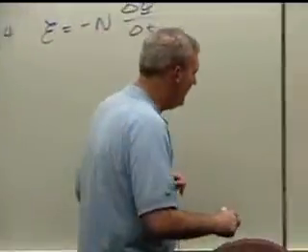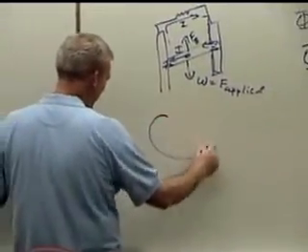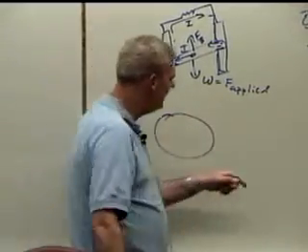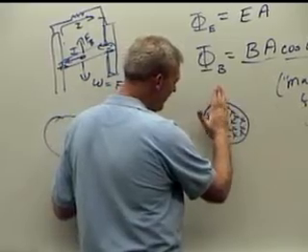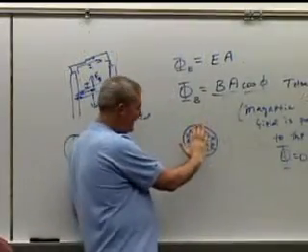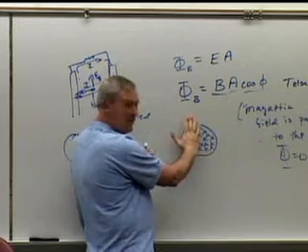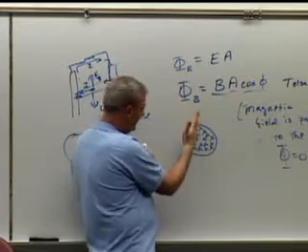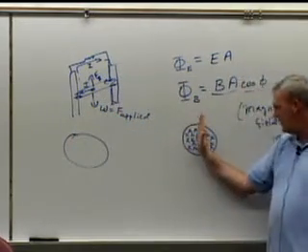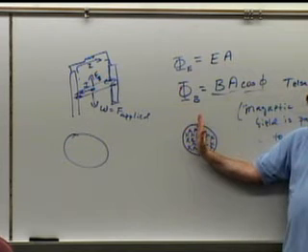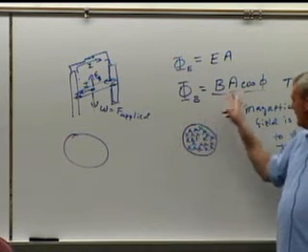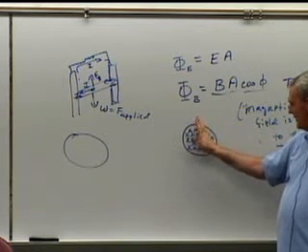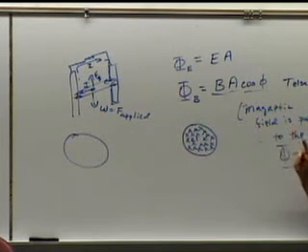In other words, let's just take this situation here. What happens with this coil if I rotate it up like this? Then the magnetic field that's going through it is changing. If I have the coil completely like this, how much magnetic field is going through there? None. So the magnetic field going through there would be decreasing as the angle changes.